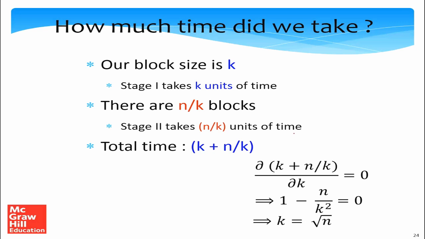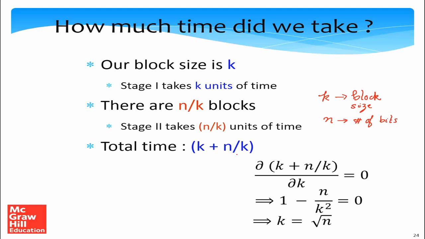So what is k? K is the block size, the number of bits in one block, and n is the number of bits that we are trying to add. So n clearly cannot be changed once the problem is given to you, but the block size can be changed.